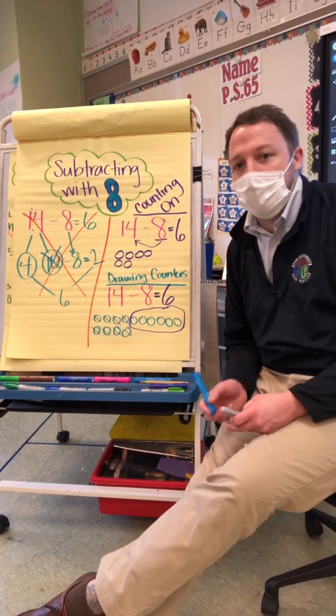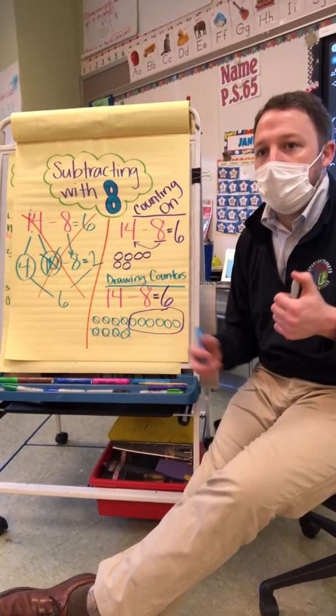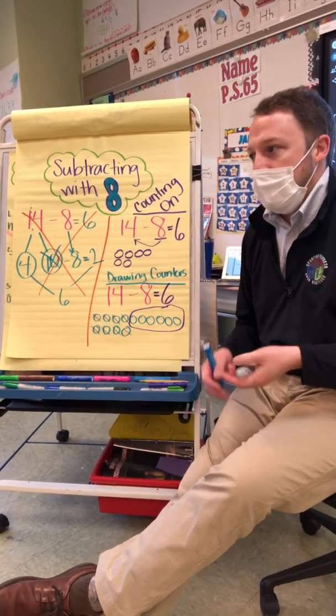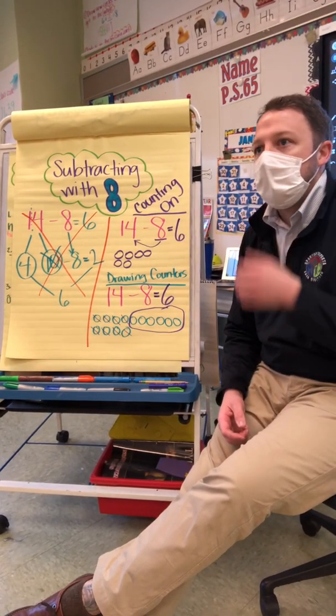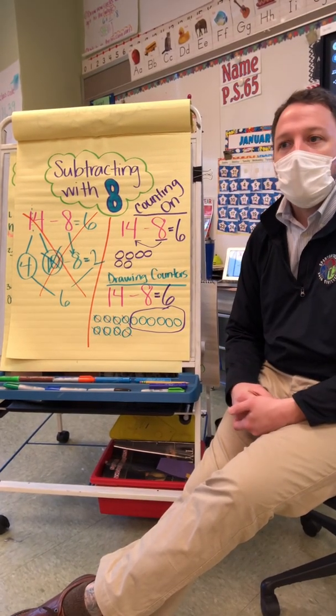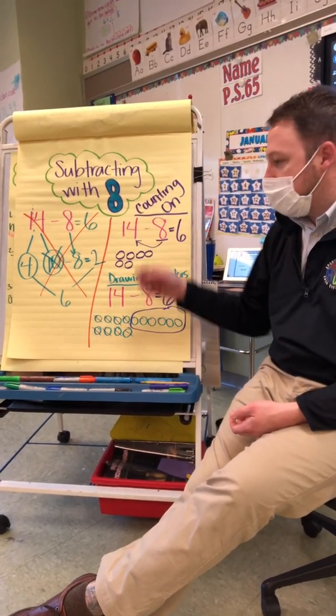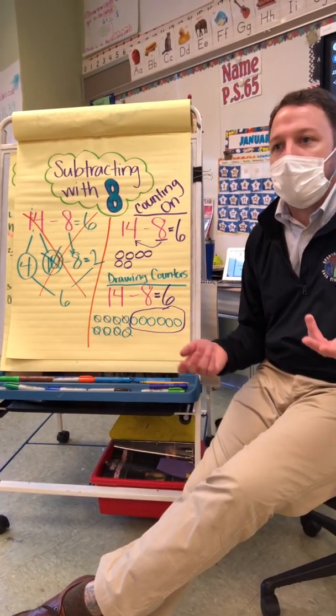It's more efficient. Now, this doesn't mean I want you to blow through your work, get it done quickly, and make a bunch of sloppy mistakes. I'm just looking for you guys to find the best way to get through subtraction problems without having to spend all this time drawing circles across your page. Because I've seen a lot of that in the last couple of days.